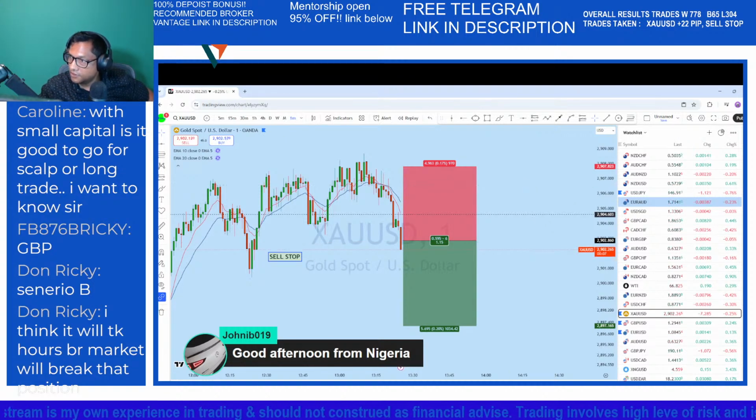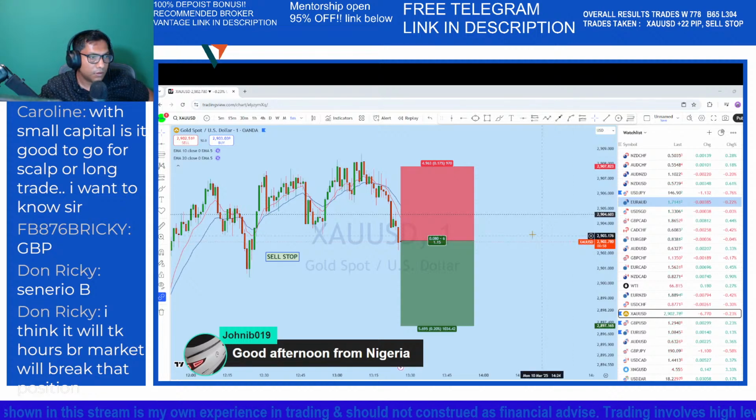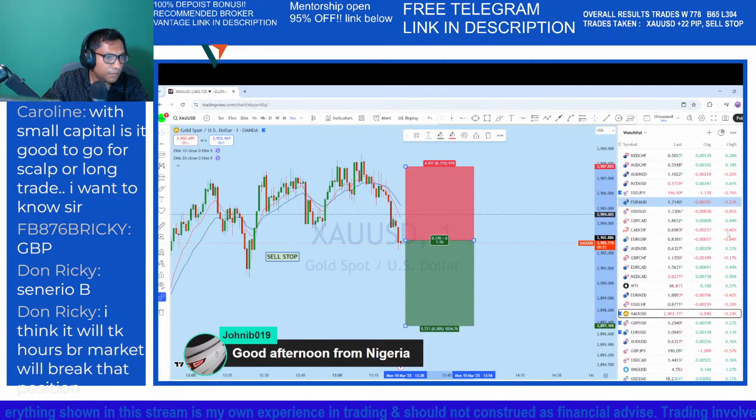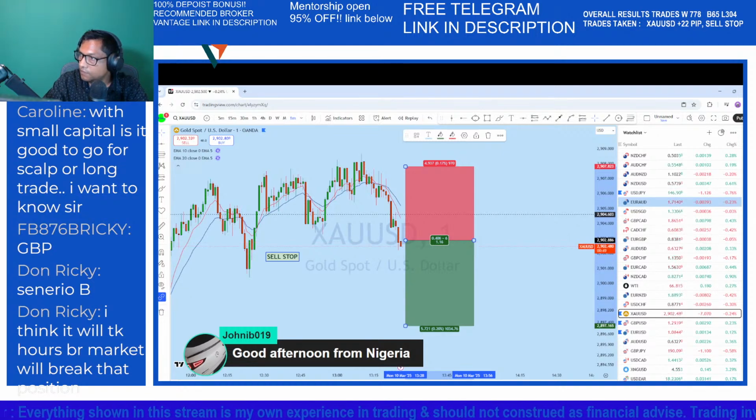Okay, so nearing, I'm at the entry. The trade is active at the moment on my side. So the probability for dropping is higher, so I'm holding it. The trade is active, running in profit at the moment.